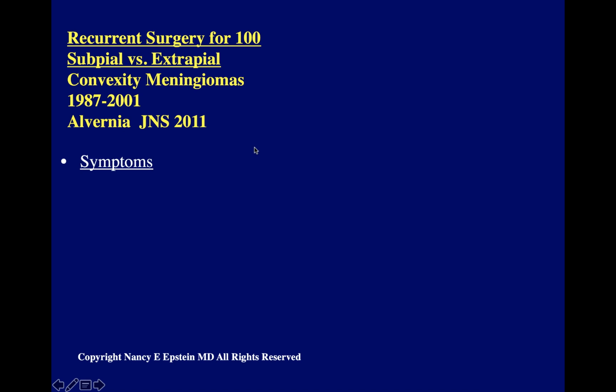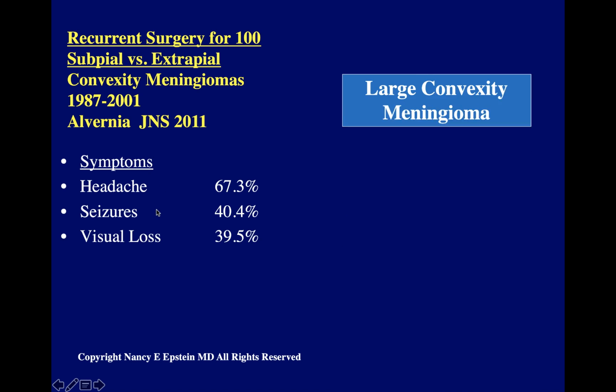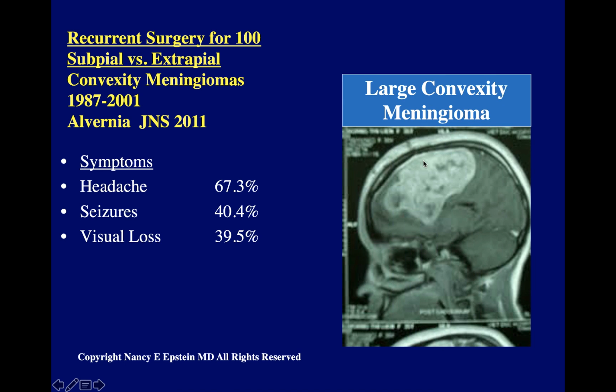Recurrent surgery required for 100 subpial versus extrapial convexity meningiomas in the Alvernia series from JNS 2011. Let's just start with the symptoms for these patients: headache, 67%, seizures, 40%, visual loss, 39%. And here's just another example of a large convexity meningioma seen on a sagittal T1 enhanced MR.